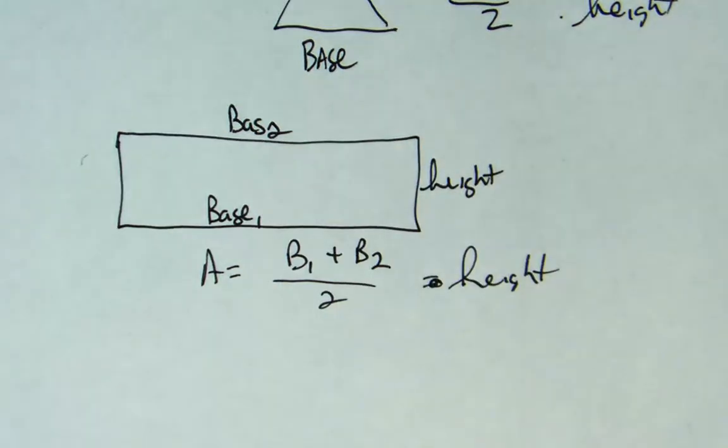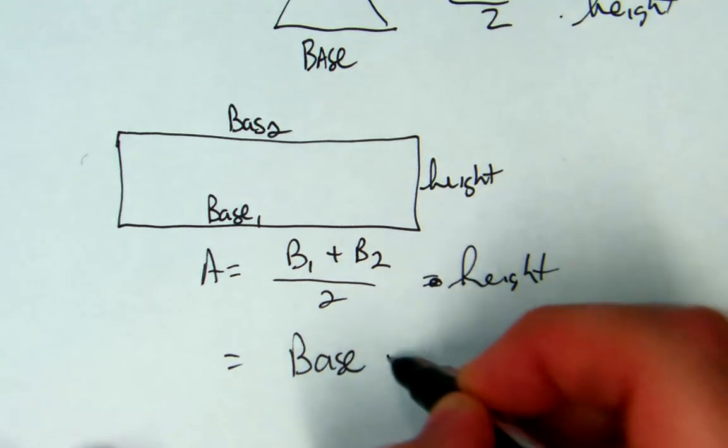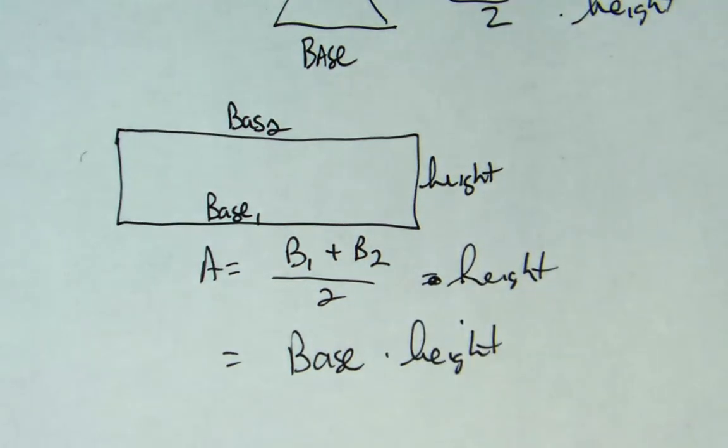If you're bowling and you score 100 and then you score another 100, what's your average? 100. So this actually ends up just being one of the bases times the height. So your area equation ends up being length times width or base times height. 100% of the time. Josh, you got a question?